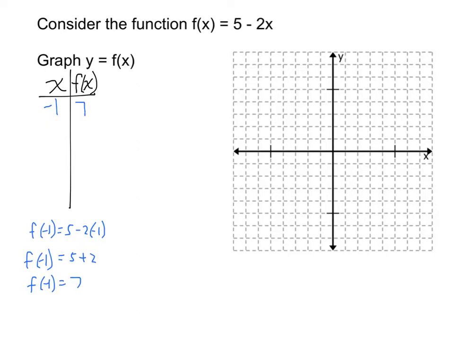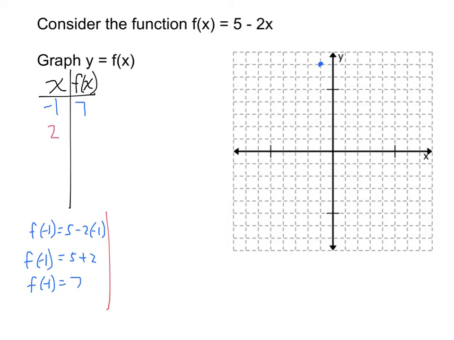All right, so this is our first point. Input -1, output 7. That translates to our graph as an x value of -1, a y value of 7. So -1 comma 7, that's this point right here. All right, let's do another calculation. Let's say we have an input value of 2. You can choose any inputs that you want.